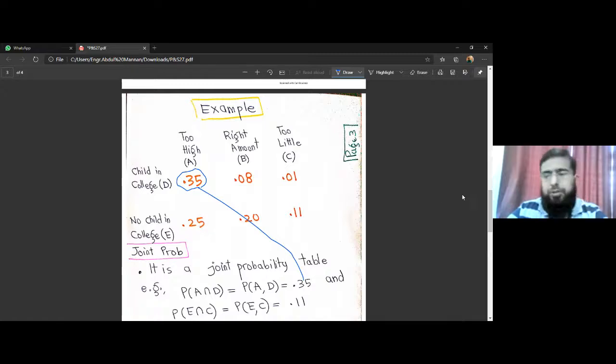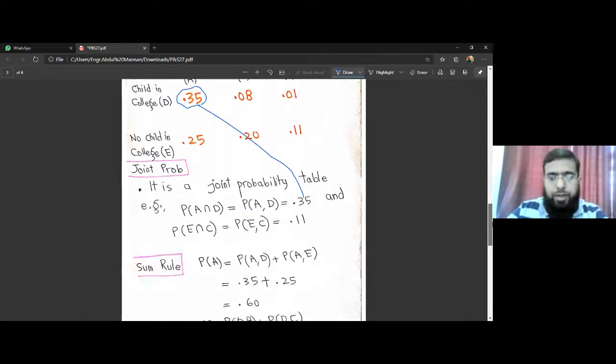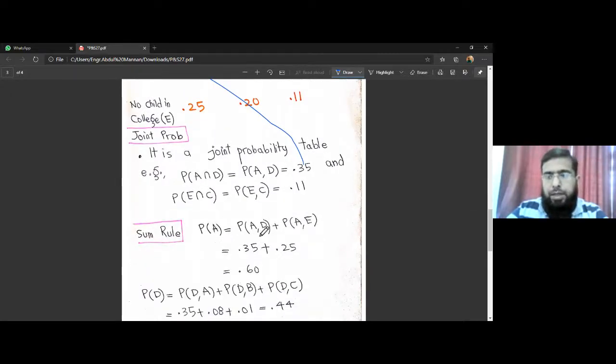So probability of A can be written as probability of AD plus probability of AE: probability of A joint with parents who have a kid in college and with parents who do not have a kid in college. So probability of A is the sum of this column. A's column gives us 0.6.